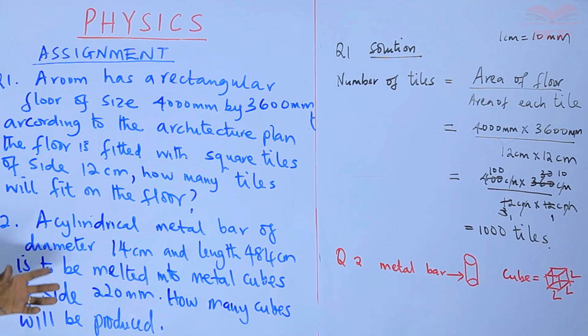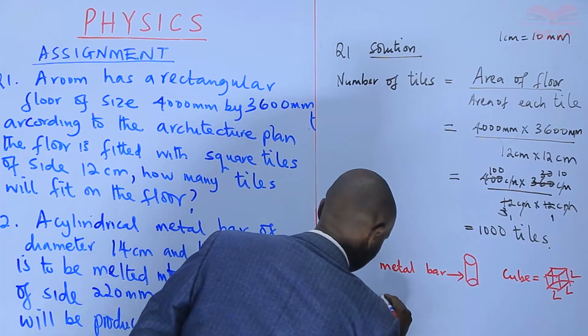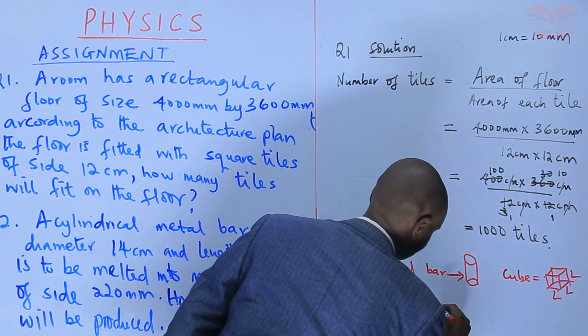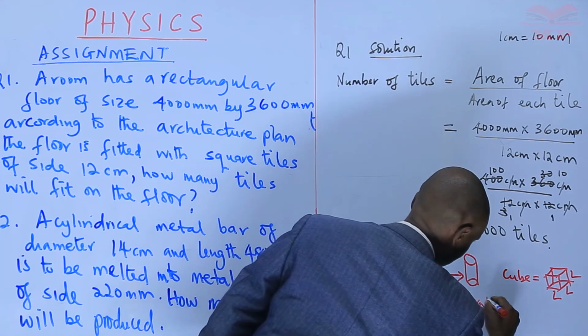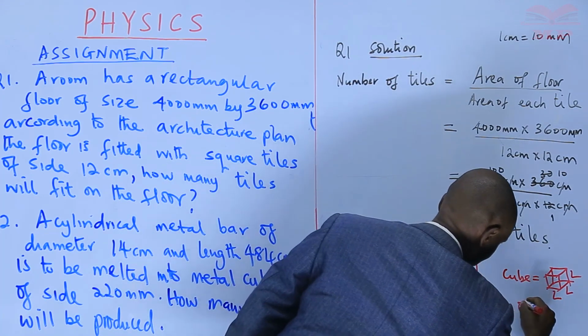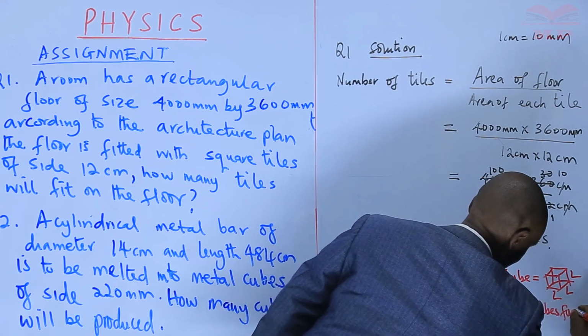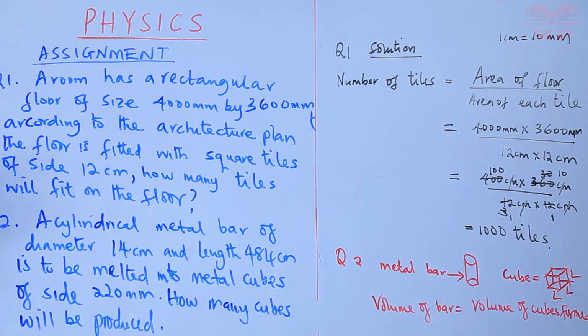When you are told the bar is melted to form cubes, you realize the volume of the bar will be equal to the volume of the cubes formed. Because you don't know how many cubes you'll get, that's what you are working out.